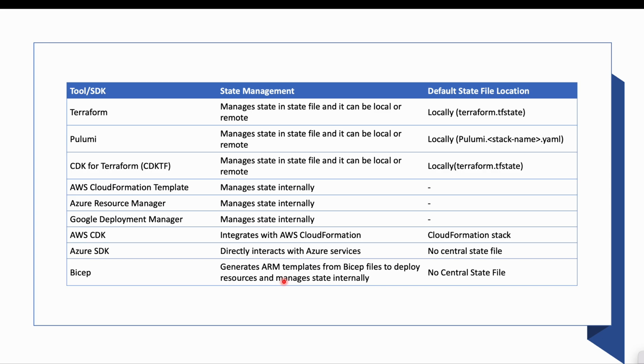But even though you write a domain specific language, at runtime it will convert it into an ARM template, and it will create the resource. So the same way ARM templates manage resources, Bicep uses the same, managing state internally. So there is no central stateful concept available here.